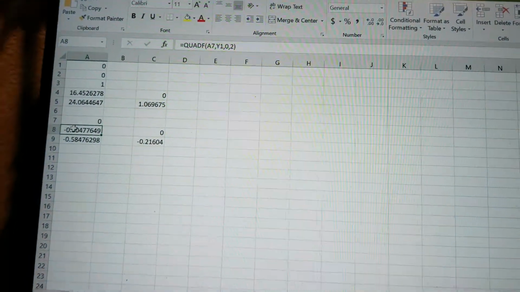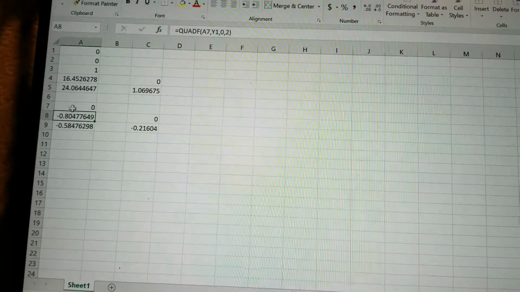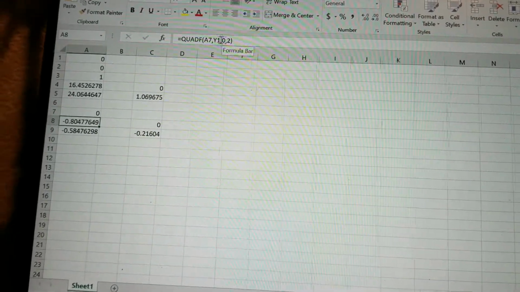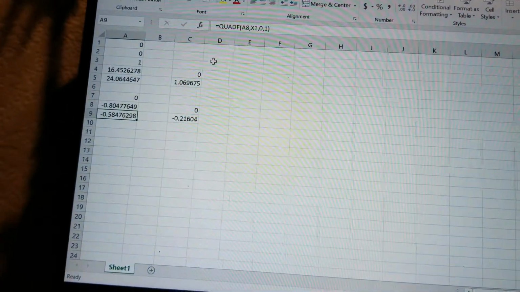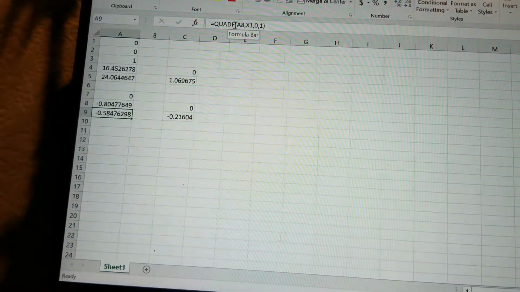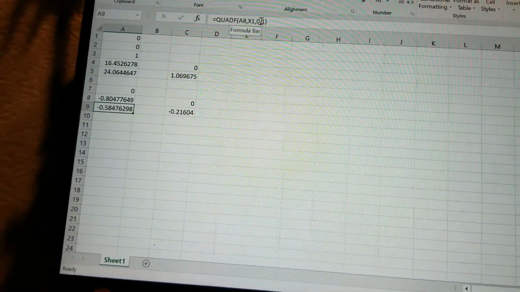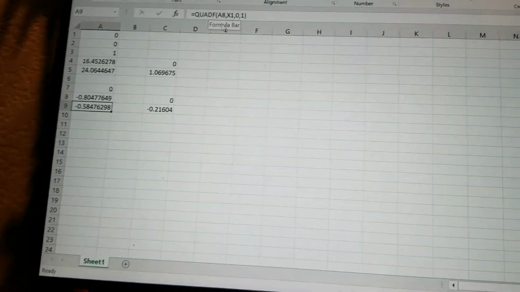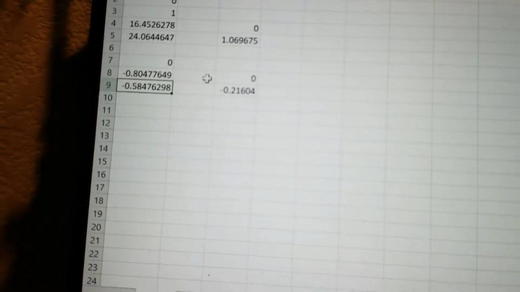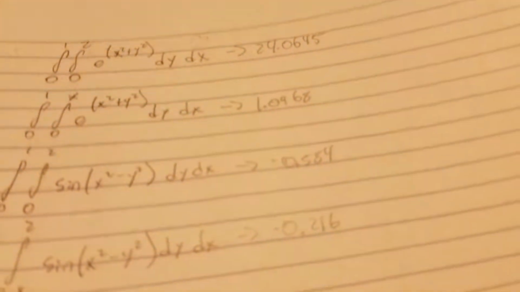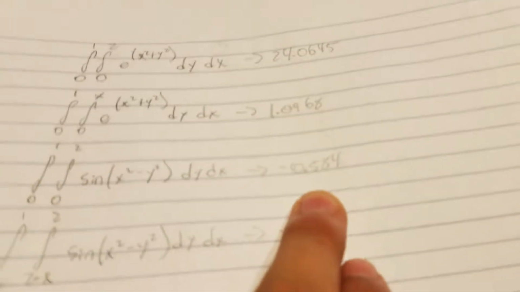So QuadF of A7, which was the function, 0 to 2 in terms of y. And then for the x part, it was from 0 to 1. So go over here. QuadF of the y function from 0 to 1 of x. And so that equaled negative 0.5847, which matches up, negative 0.584.